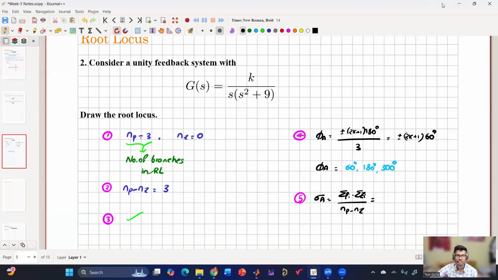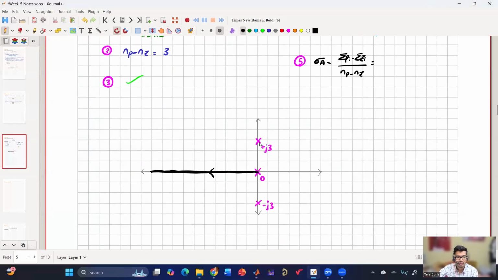Summation of poles minus summation of zeros, by number of poles minus number of zeros. Summation of poles is how much? 0 plus 3 and minus 3.